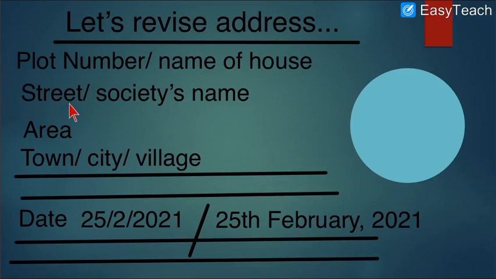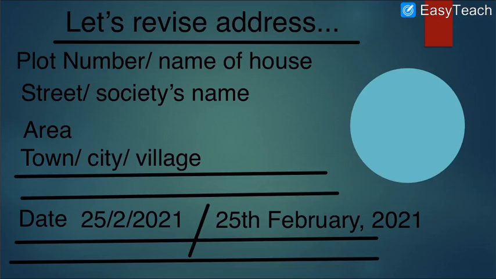Put a comma, then the street or society's name in which you are dwelling, comma, then the area in which you are residing, and then at the end the town or city or village's name. Again I am repeating, pin code is not necessary for your standard. Then after leaving one line, you have to write the date on which you are writing this letter.